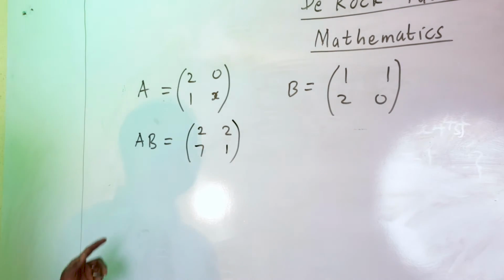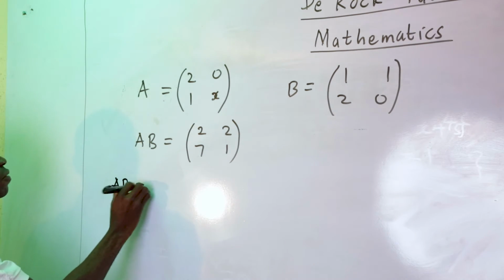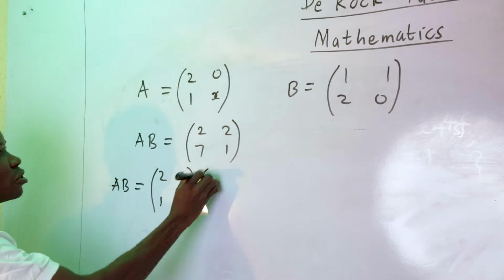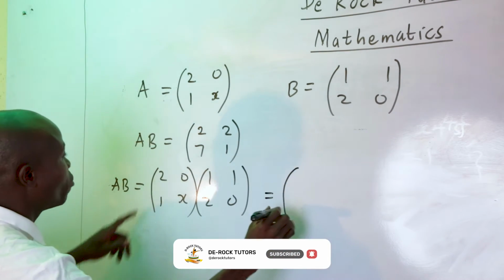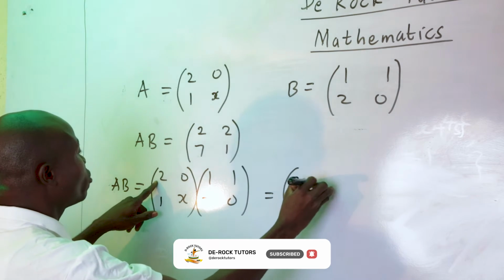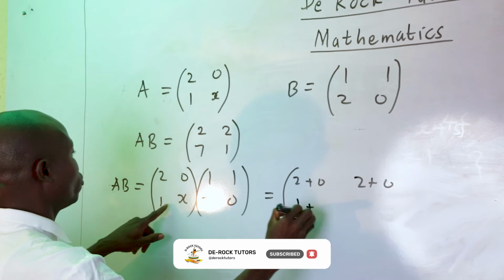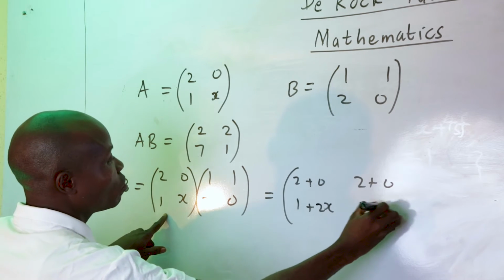To obtain the value of x, we can obtain it from the product of the two matrices A and B. Our AB gives 2, 0, 1, x multiplying 1, 1, 2, 0. And the result of the multiplication gives 2 plus 0, 2 plus 0, 1 plus 2x, 1 plus 0.